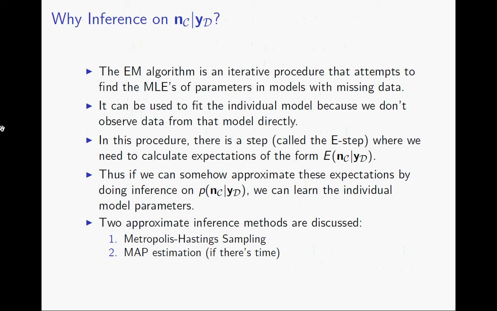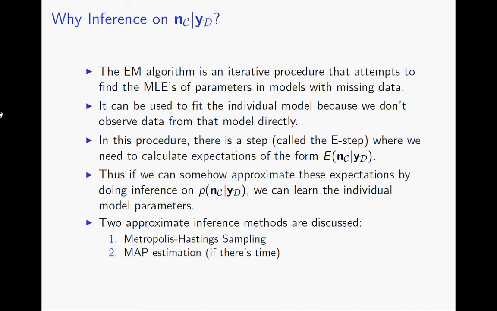Why do we want to do inference on n_C, the set of all contingency tables over our cliques, given our observed data? We have a procedure called the EM algorithm, an iterative procedure that attempts to find the MLEs of parameters in models with missing data. Remember, in our individual model, we don't actually observe any data. We observe these noisy subtables.